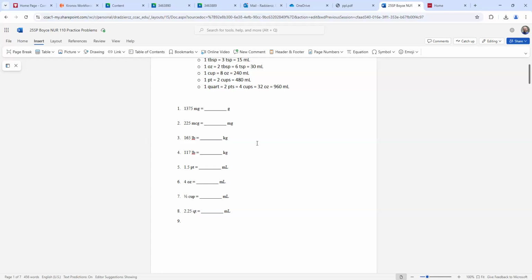If you ever get stuck, Google's AI, when you type in something like 117 pounds equals kilograms, gives you a methodology and breaks it down. So that works pretty well if you're looking for a key.